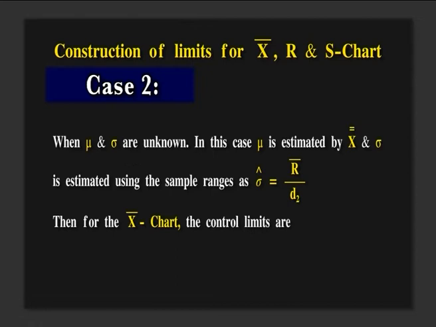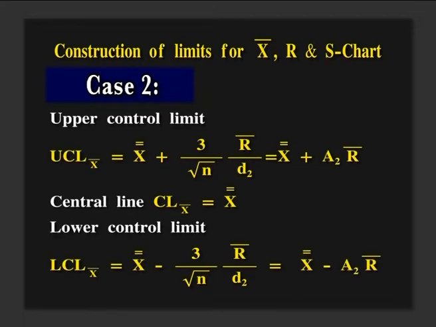Case 2. When mu and sigma are unknown. In this case, mu is estimated by x double bar and sigma is estimated using the sample range as sigma hat is equal to R bar by d2. Then for the x bar chart, the control limits are given by upper control limit is equal to x double bar plus 3 by root n R bar by d2, where we are replacing sigma hat by its value R bar by d2, or we can simplify that as x double bar plus A2 R bar, because the constant A2 is readily available.